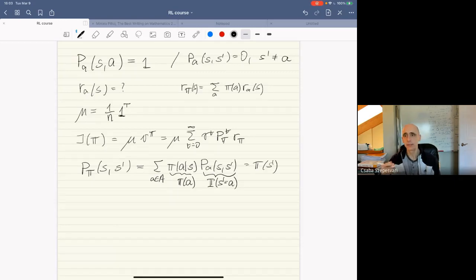It's intuitive, right? As I said, the next state distribution is exactly what we chose, pi.